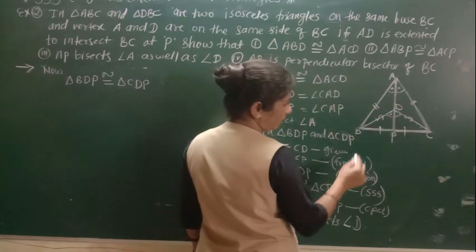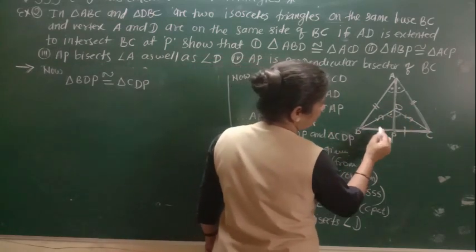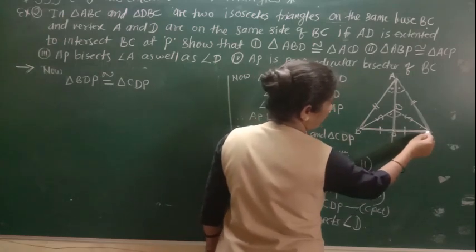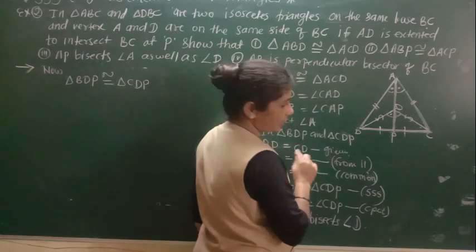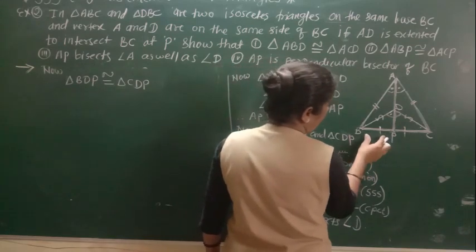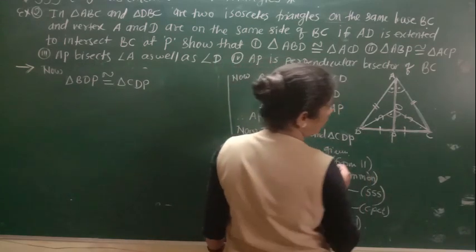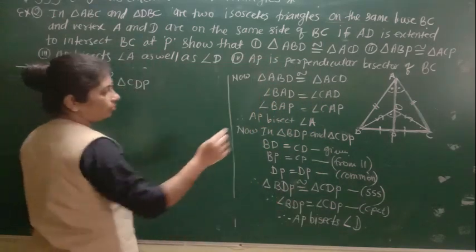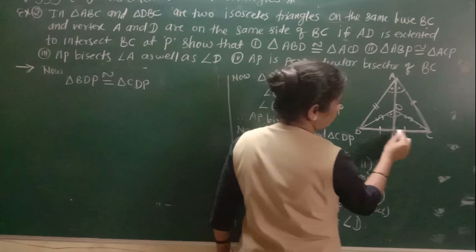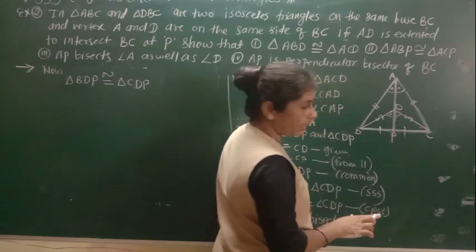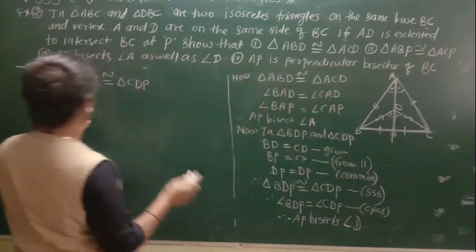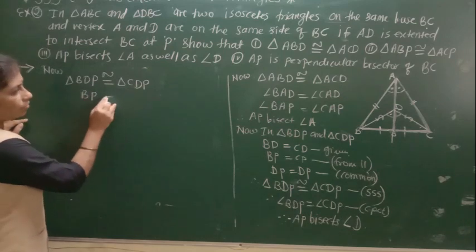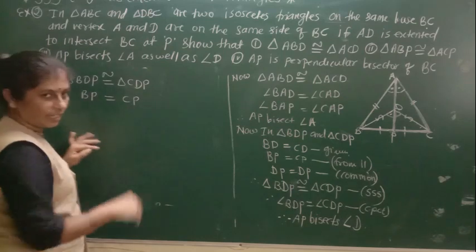So by CPCT what will be there? Angle BPD equals angle CPD. Can we say? Yes. And BP equals CP, which we have already got. So in these two congruent triangles, BP equals CP is there.